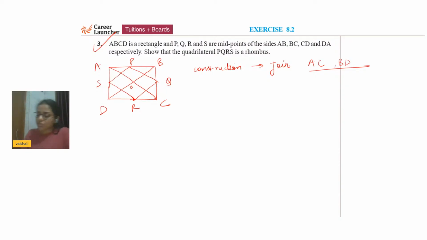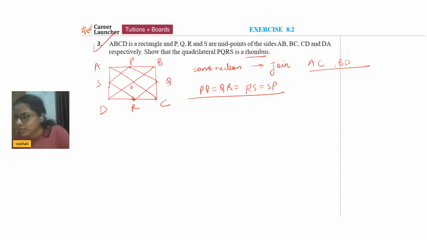So मुझे क्या show करना पड़ेगा that if this is a rhombus, I need to prove that your PQ is equal to QR is equal to RS is equal to SP. So ये जो सारे sides है, they are equal to each other because in a rhombus all the sides are equal to each other. And is there something else that I need to show?